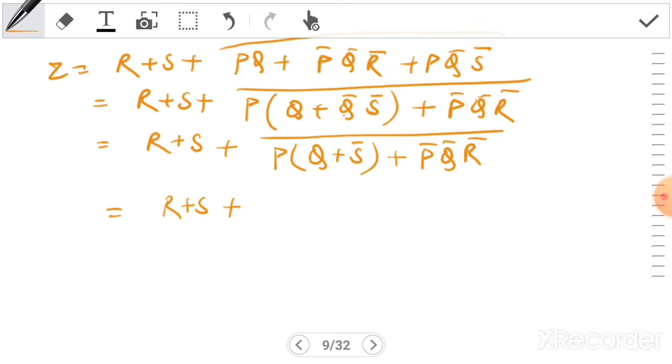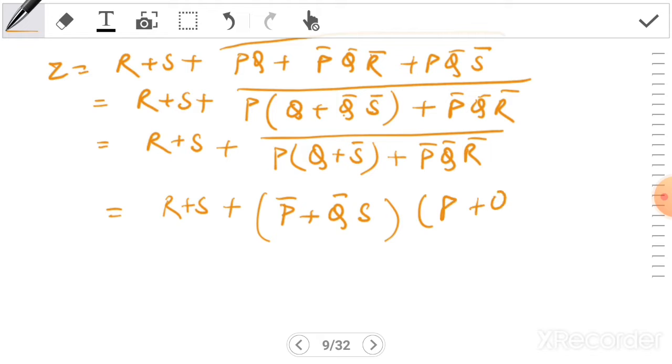R plus S. Now let's simplify this complement part. So P complement plus Q complement S and P complement plus Q complement plus R complement.